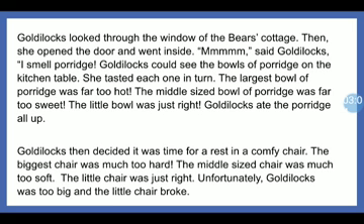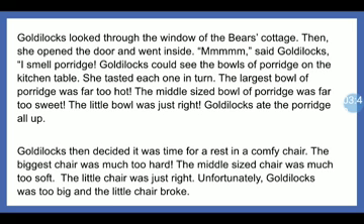Goldilocks looked through the window of a bear's cottage. Then she opened the door and went inside. Said Goldilocks, I smell porridge. Goldilocks could see the bowls of porridge on the kitchen table. She tasted each one in turn.